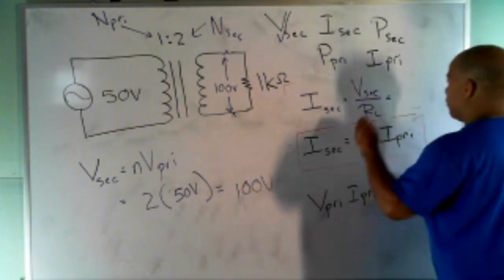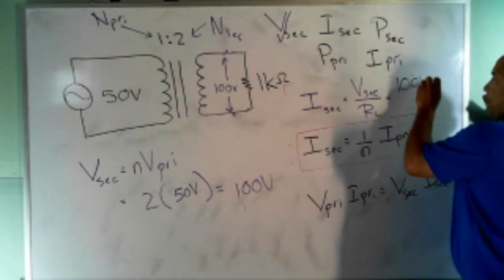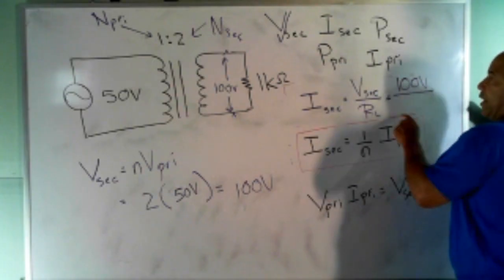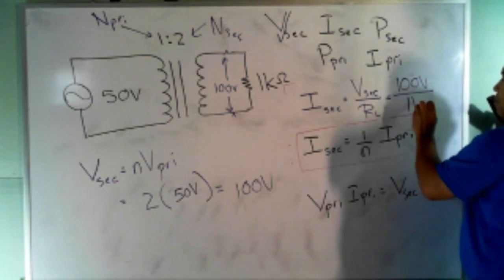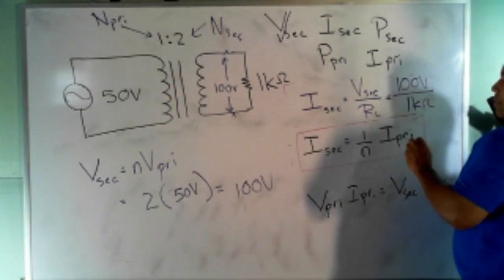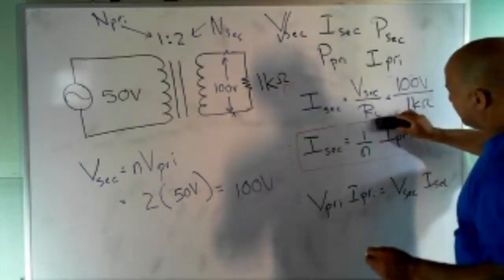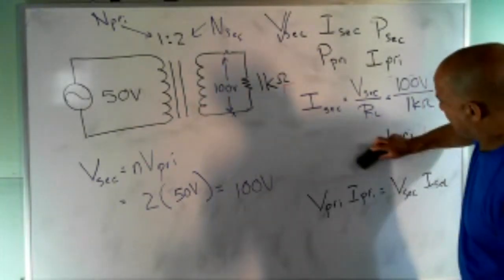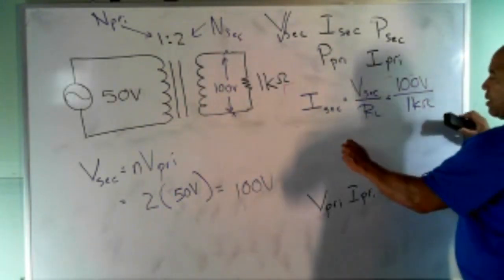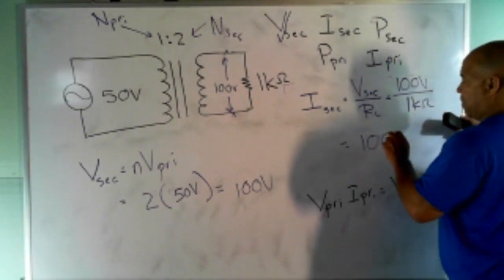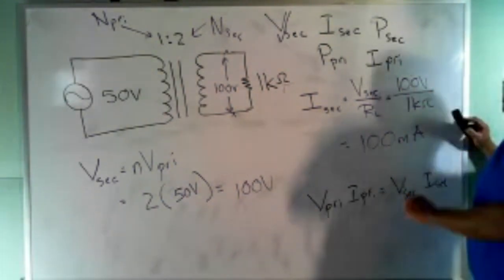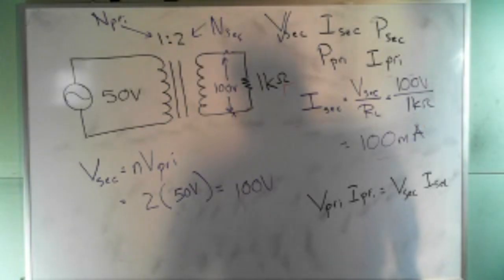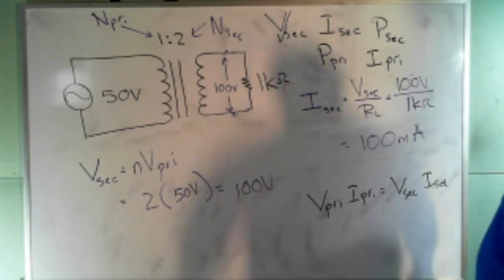So I've got 100 volts, and I've got a load resistance of 1K ohm. So I've got 100 milliamps for my load current. So we've got I sec.